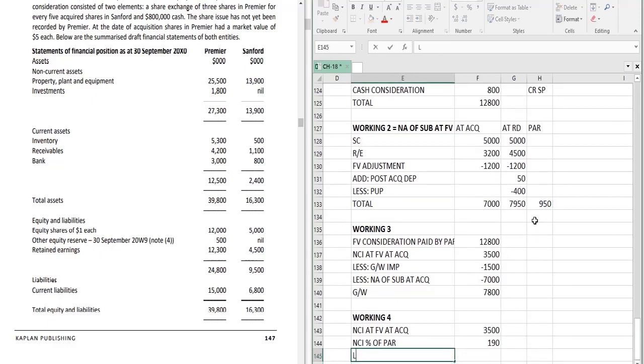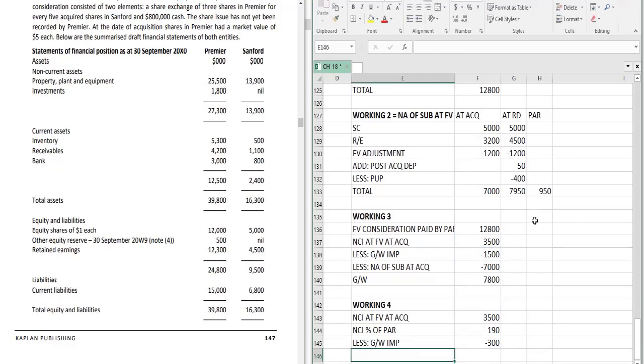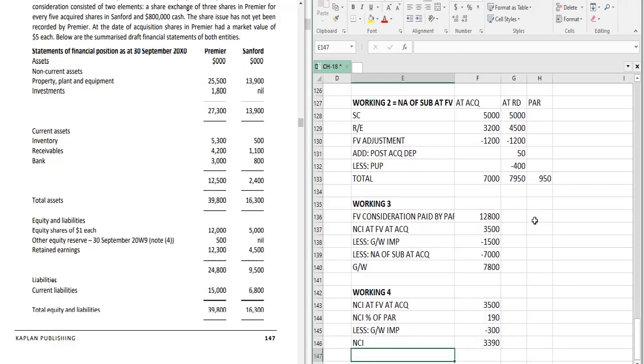And we will deduct goodwill impairment. We will again take NCI percentage into goodwill impairment. Then NCI equals the sum of all these amounts. So we have done with working 4 as well.